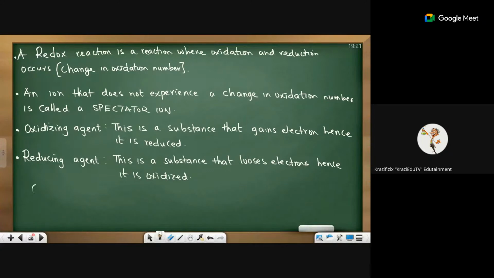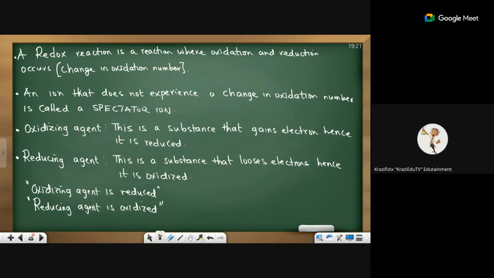We are saying an oxidizing agent, while a reducing agent, that will guide you in definition. A reducing agent is oxidized. When you get to grade 12, I will be using some formulas to help you do the definitions.